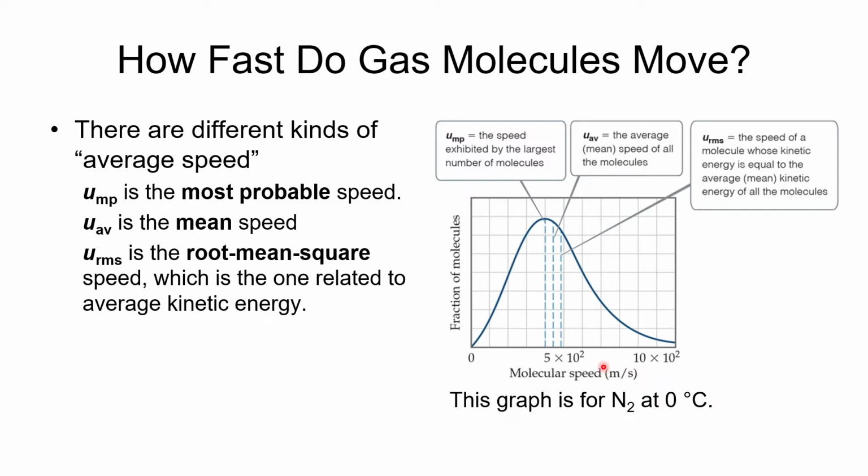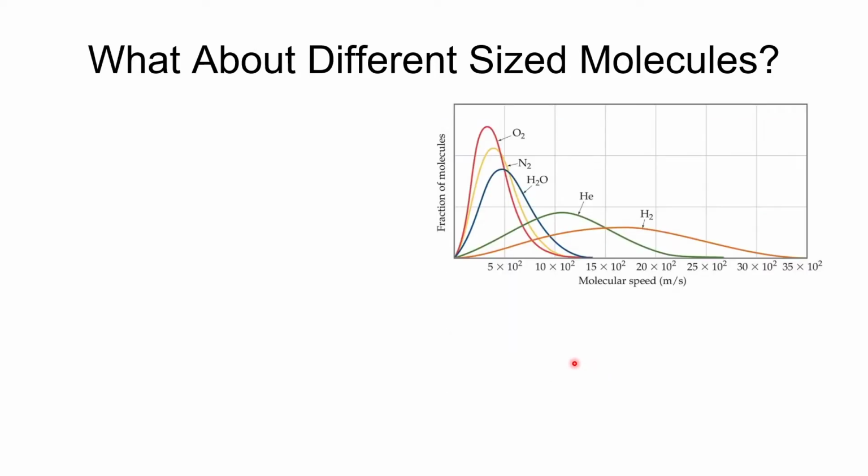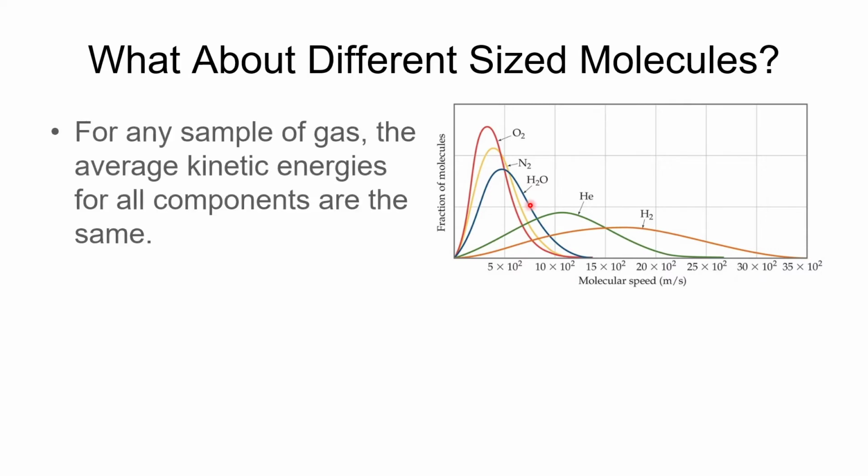Well, let's look at gases of different sizes. If we have a sample that is a mixture of gases, all mixed together and all at 25 degrees Celsius, then if the temperature of the sample is 25 degrees Celsius, all of the individual components are also at 25 degrees Celsius.